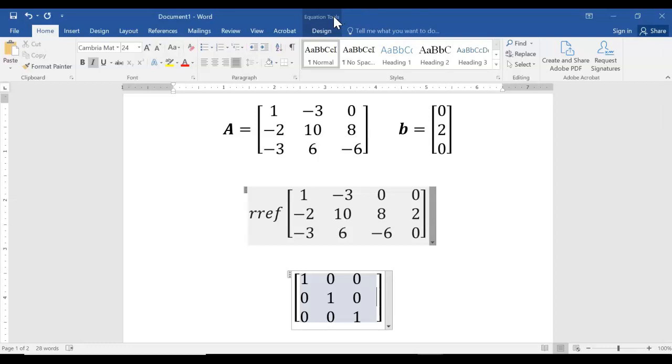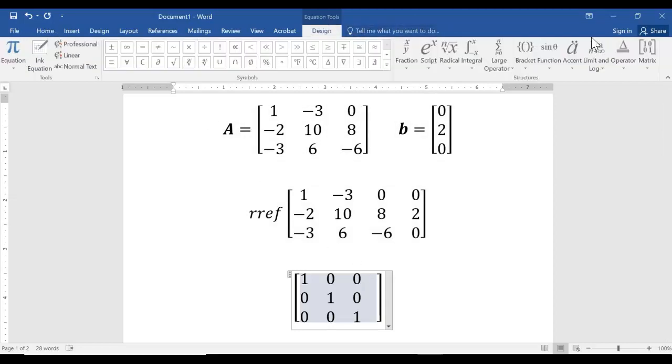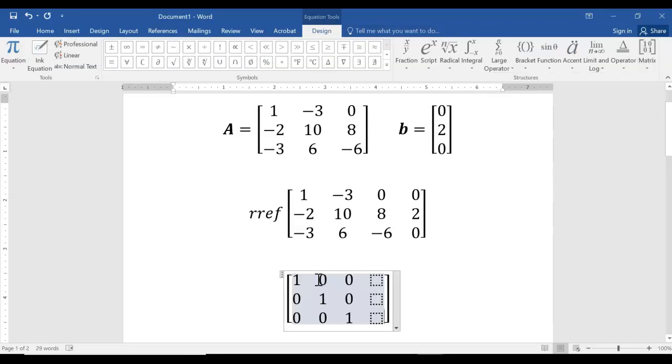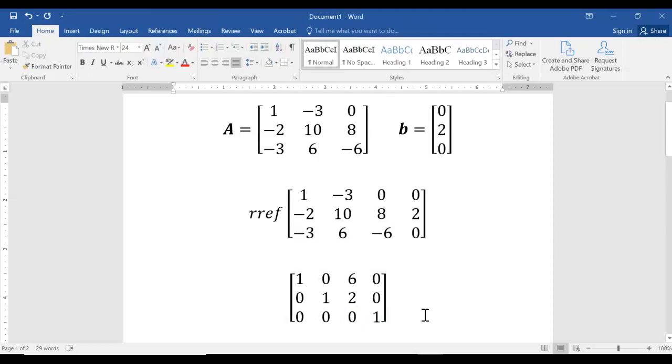When you do, the matrix that I got was not the one I have here. Let me add in a column there at the end. I got the matrix 1, 0, 6, 0. Then 0, 1, 2, 0. And then 0, 0, 0, 1. That last row is the no solution case.